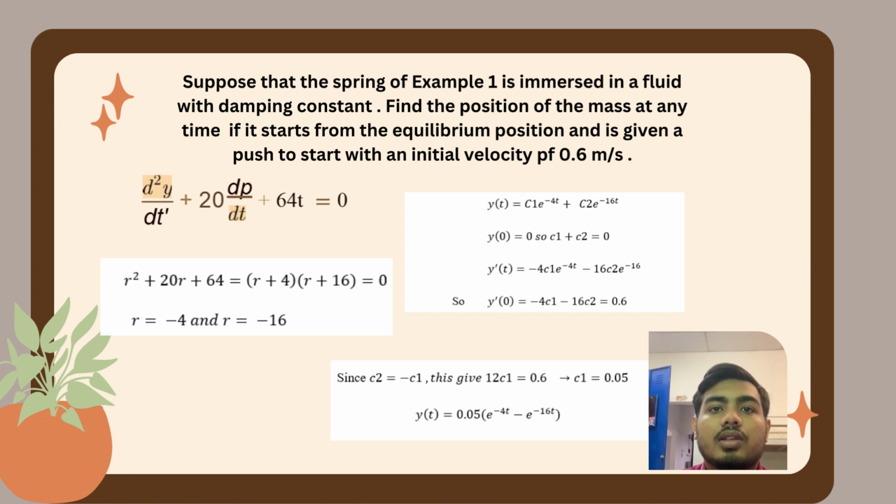So lastly, since C2 equal to negative C1, this gives 12 C1 equal to 0.6, C1 equal to 0.05. y(t) is equal to 0.05 bracket exponent negative 4t minus exponent negative 16t.